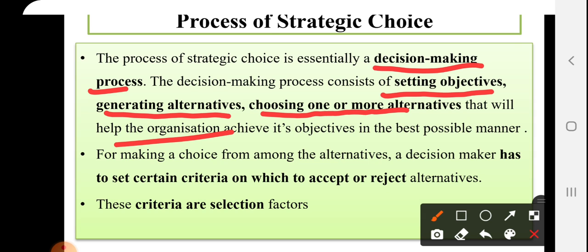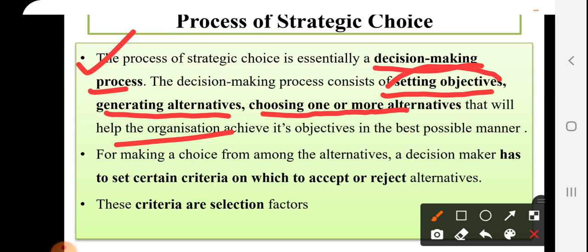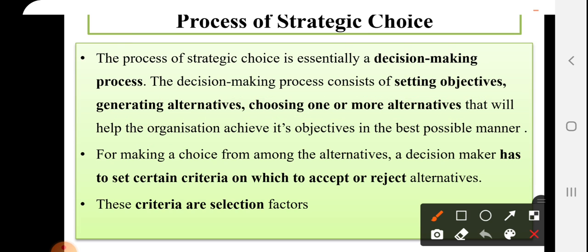Simply put, strategic choice is a process of decision making which consists of the steps of setting objectives, generating alternatives, and choosing one or more alternatives from all your options.